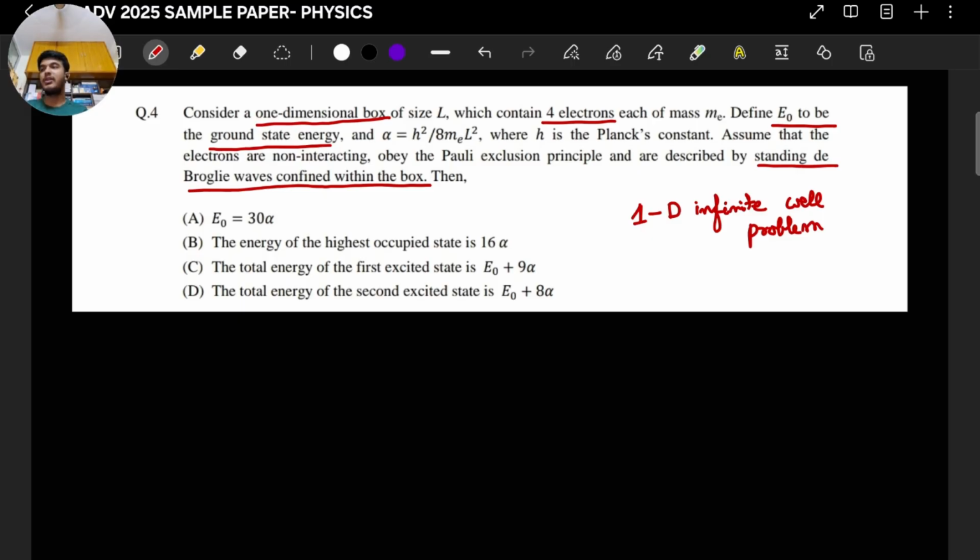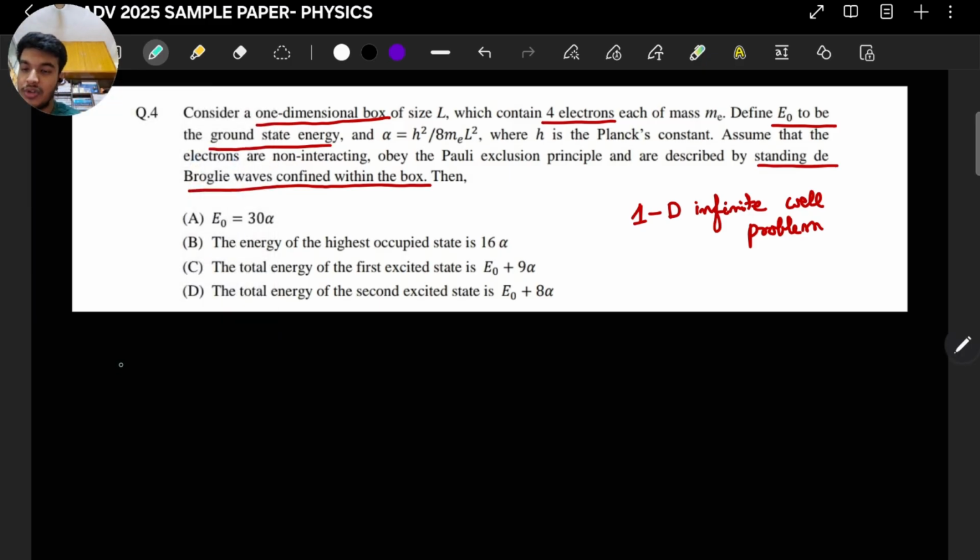And if you have an idea of wave mechanics, you know that n basically represents the number of nodes in the standing wave being created. So by the same concept, let us try to solve this question.